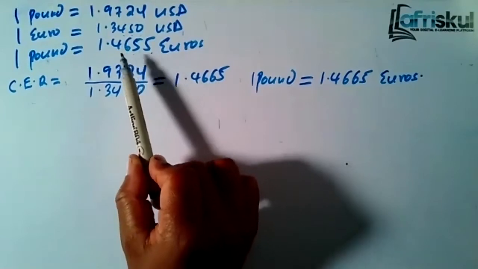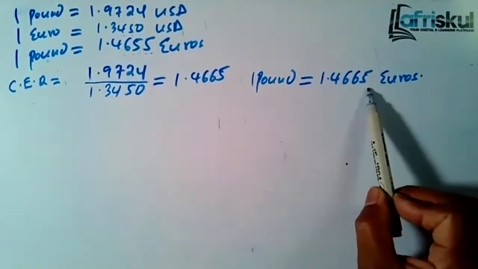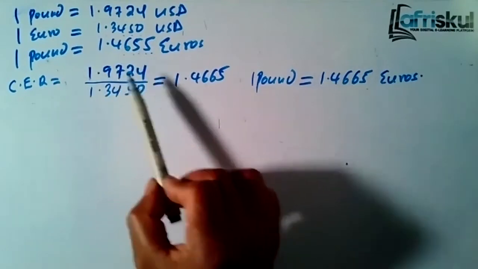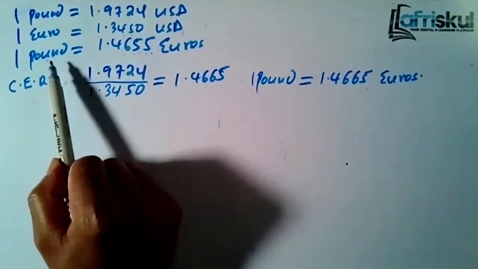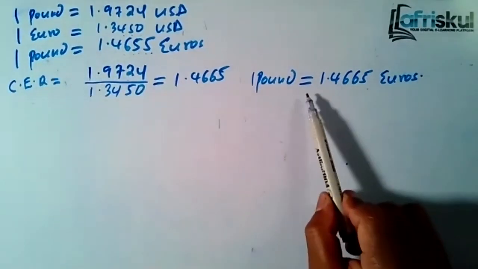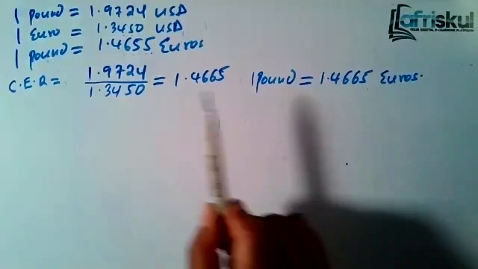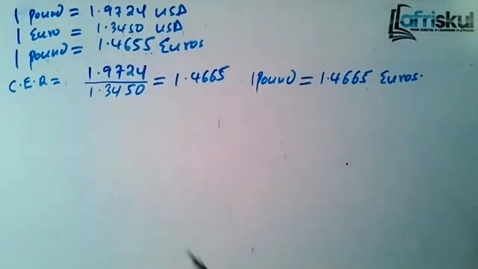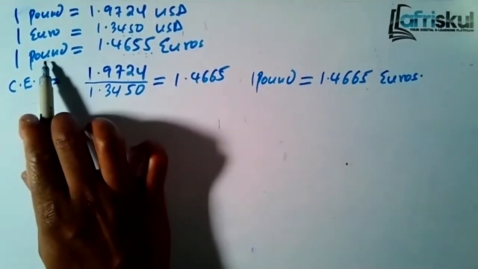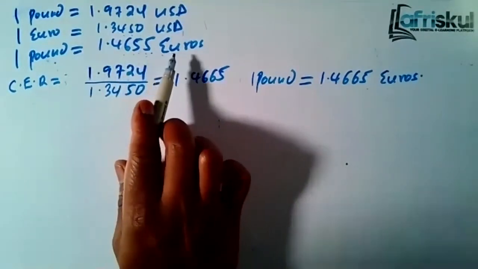That means 1.4655 is below 1.4665, so the pound is undervalued. The actual exchange rate is 1.4665, but in the market it's just trading at 1.4655. So if the pound is undervalued, that means the euro is overvalued.